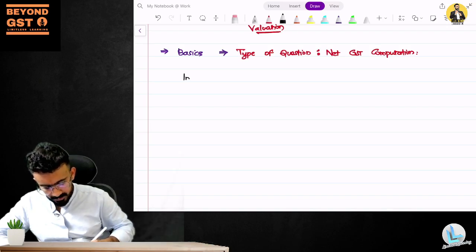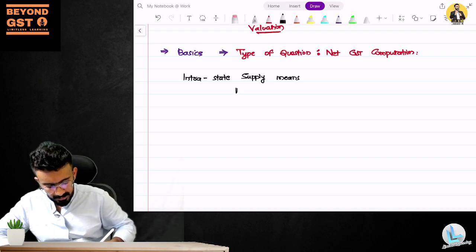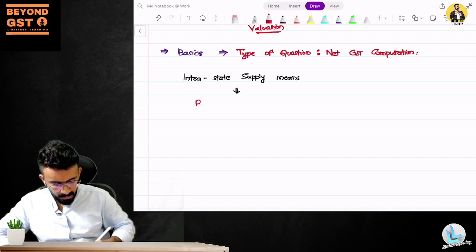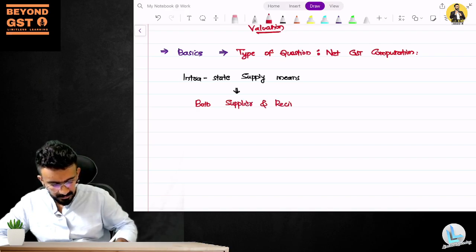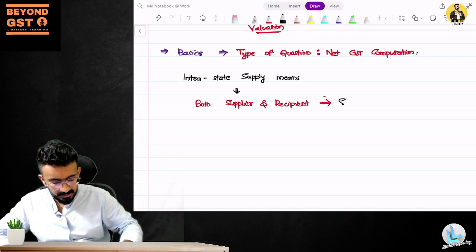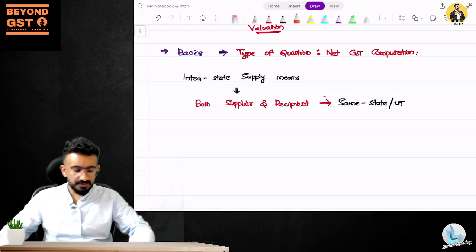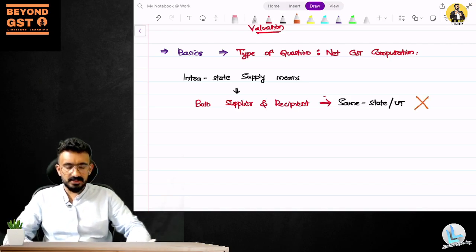Earlier, your understanding would have been that intrastate supply means when both supplier, the one who is making the supply, and recipient, the one who is receiving the supply, are in same state or union territory. Now, because of introduction of this chapter called place of supply, this concept is not what we are going to follow.